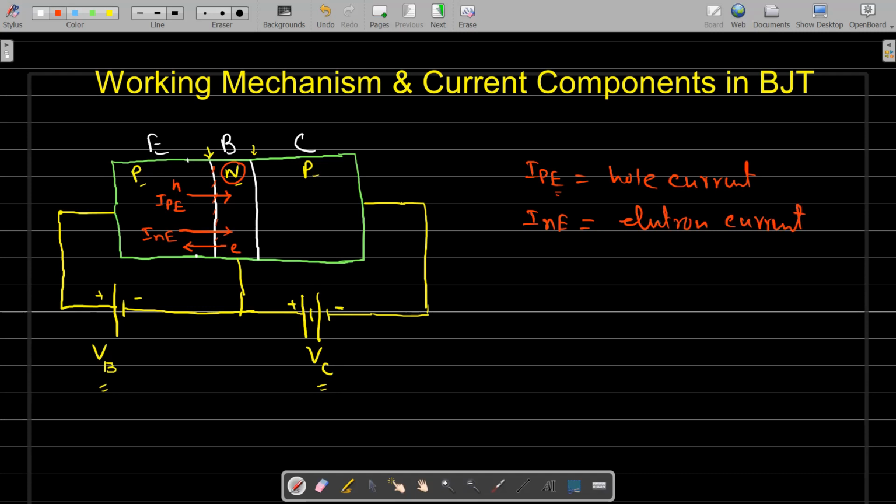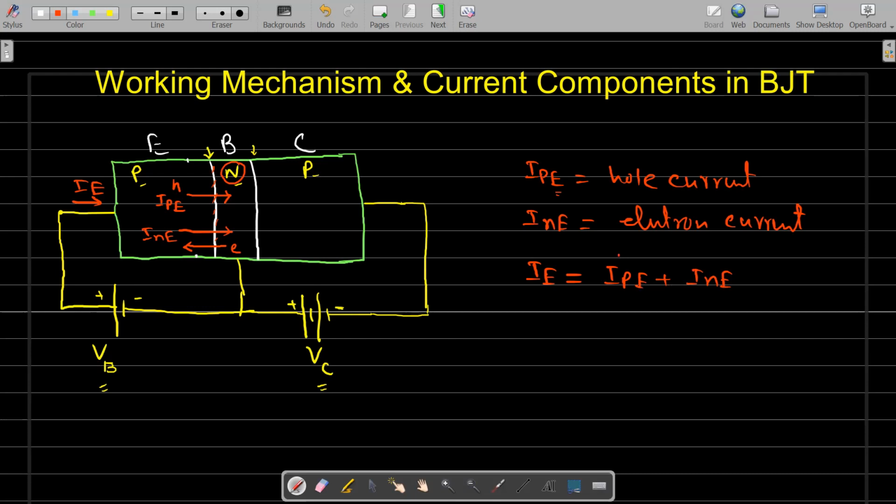The total current due to the movement of electrons and holes is IE in the emitter terminal. So I can write IE equals the electron current plus the hole current. It may be noted that the value of electron current is very small because the base region has only a few electrons, it is lightly doped, and its width and area are very small.